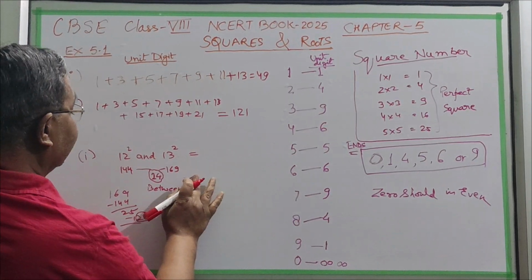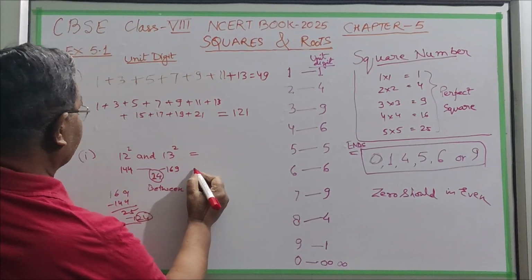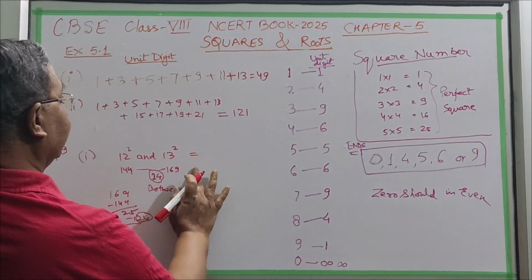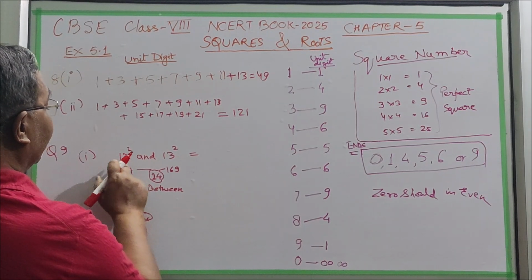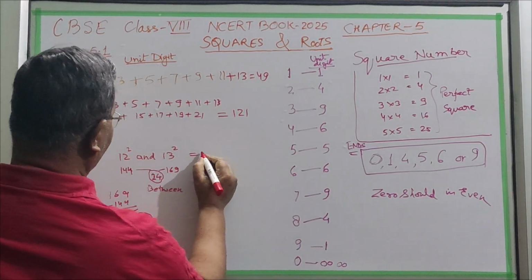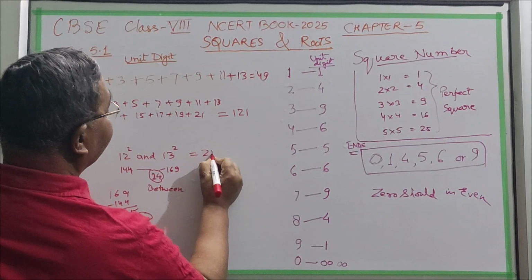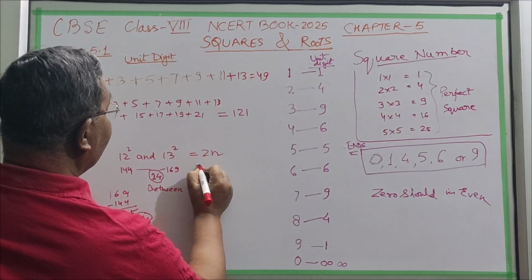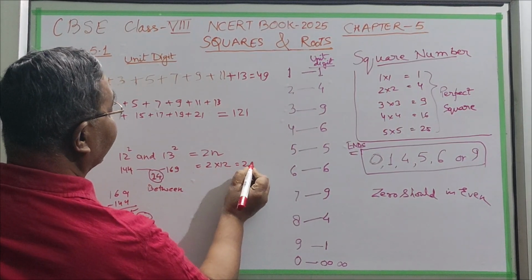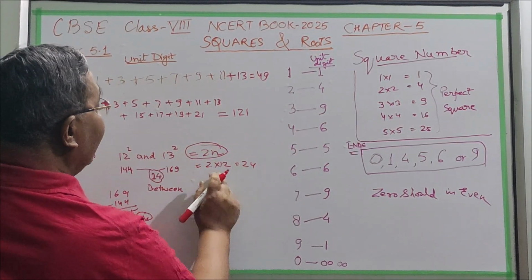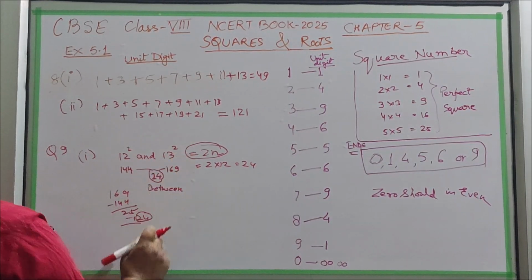So it should be 24 numbers. How does it come? It always comes from n squared: you take the first number and make its square. The formula is 2n. So the count will be 2 into 12, which is 24 numbers between the 12th square and the 13th square.